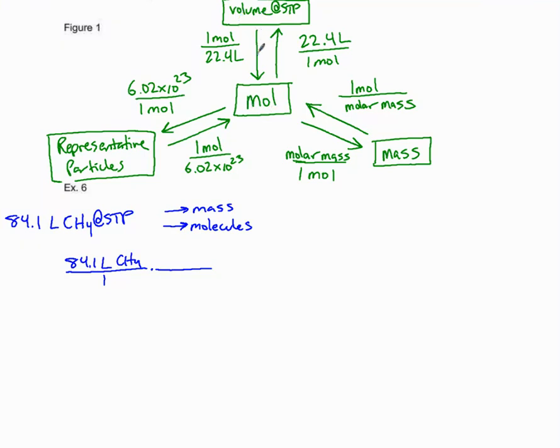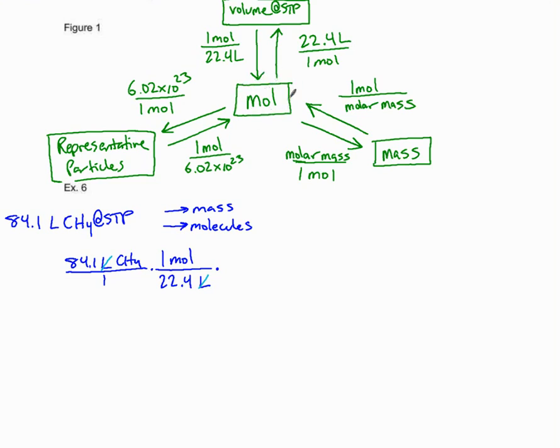And so we follow this arrow right here, and that tells us that 1 mole should be on the top and 22.4 liters should be on the bottom. So here, liters cancels out, and that gives us units of moles.